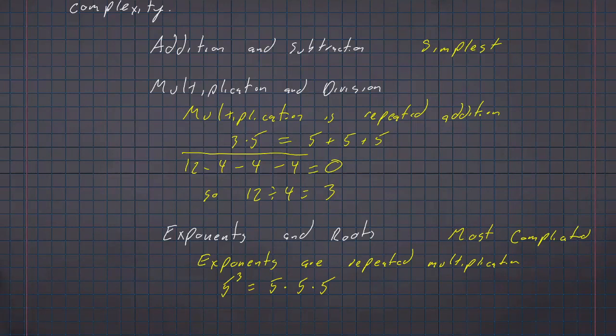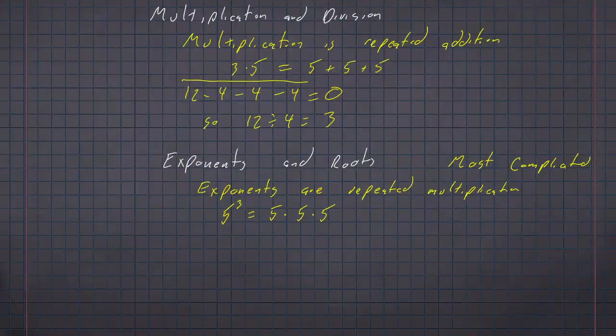Roots are a little bit trickier. Roots, I really don't have another way of thinking of other than the inverse of exponents for right now. For those of you who are moving onward to take more algebra after this, eventually you'll learn that roots in fact are exponents in disguise.